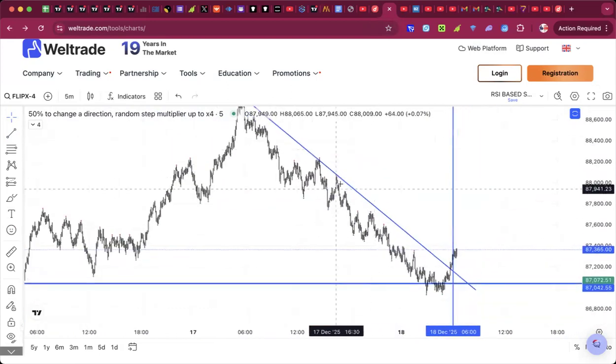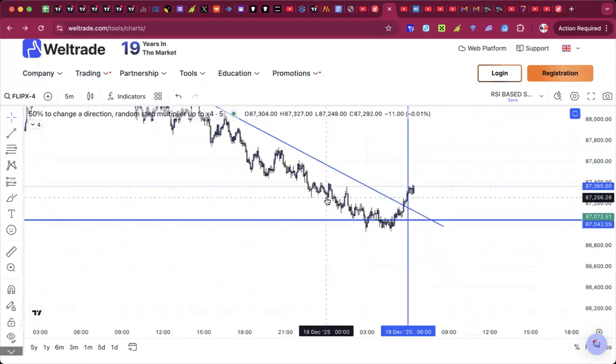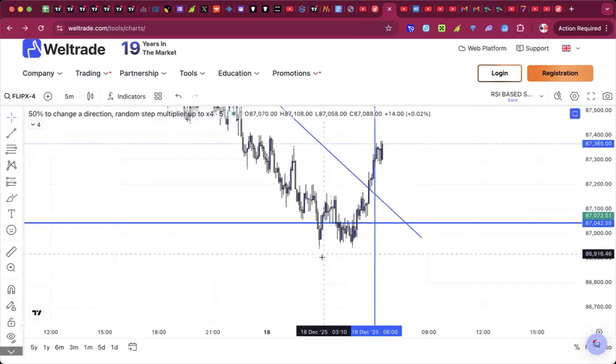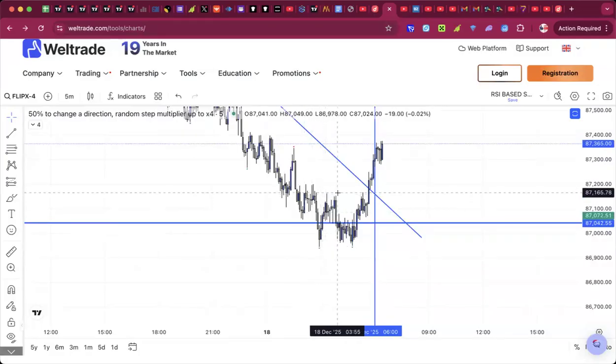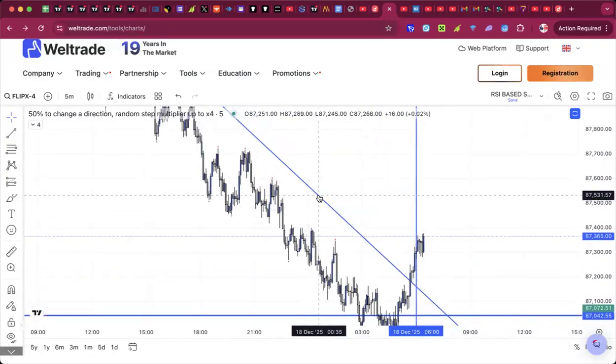Now that means the pullback is almost over because it has changed direction. Now we almost have a double bottom here. Then we have the market structure shift. So that means you actually expect a pullback before continuation, but these guys have a funny character.